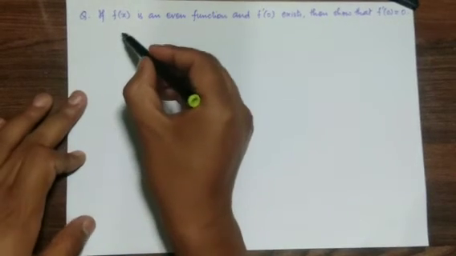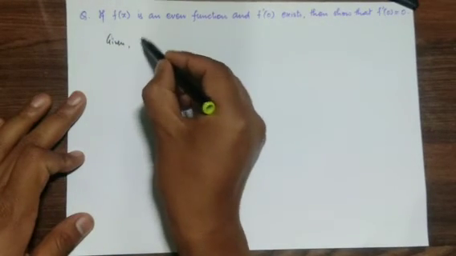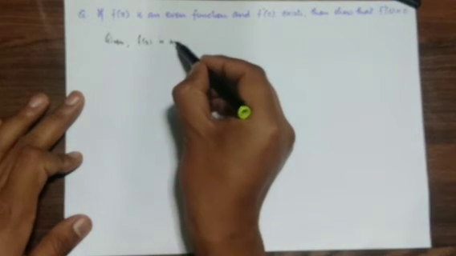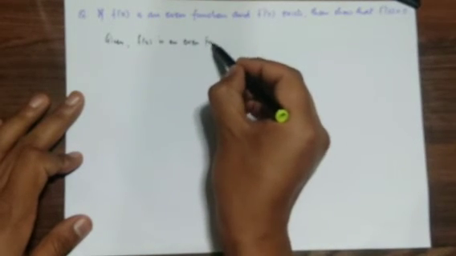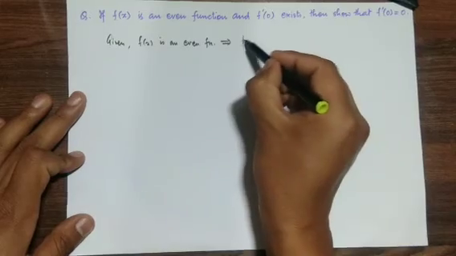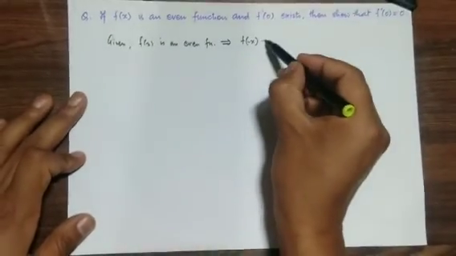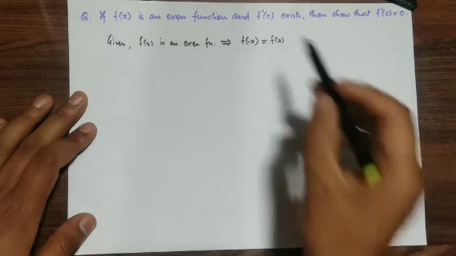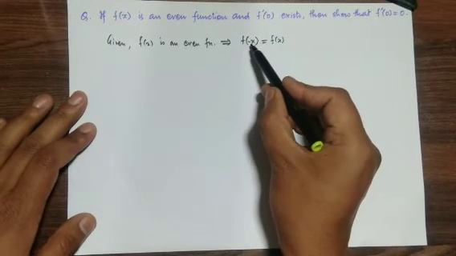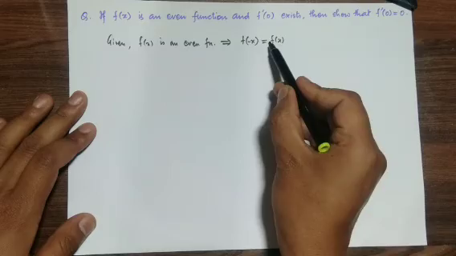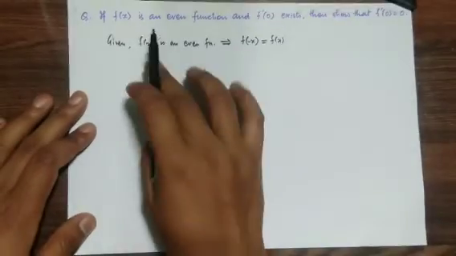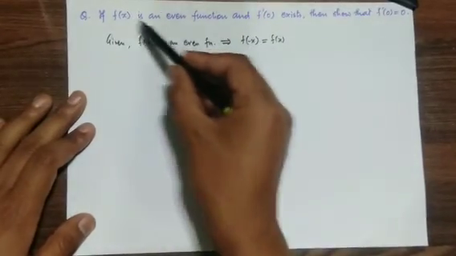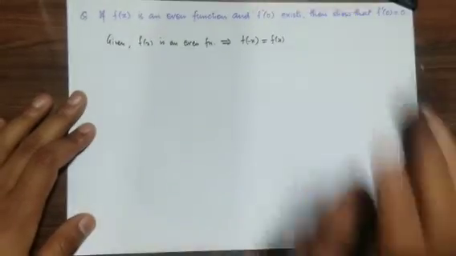This means that whenever I put minus x in the place of x, I'll get f of x again. This is the definition for a function to be even. A function can be considered odd if the same thing is equal to minus f of x. But since we have been given that the function is even, we have this one here.